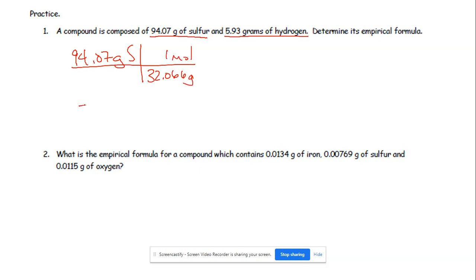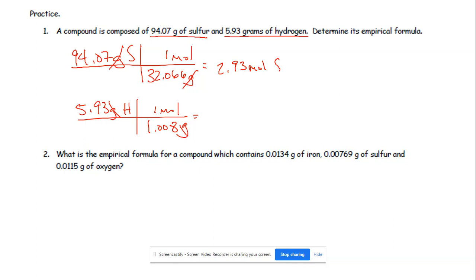Same thing for hydrogen, 5.93 grams of hydrogen. Divide by the molar mass. Grams cancels out, grams cancels out. We do those calculations, 94.07 times 1 divided by 32.066 gives us 2.93 moles of sulfur. 5.93 times 1 divided by 1.008 gives us 5.88 moles of hydrogen.